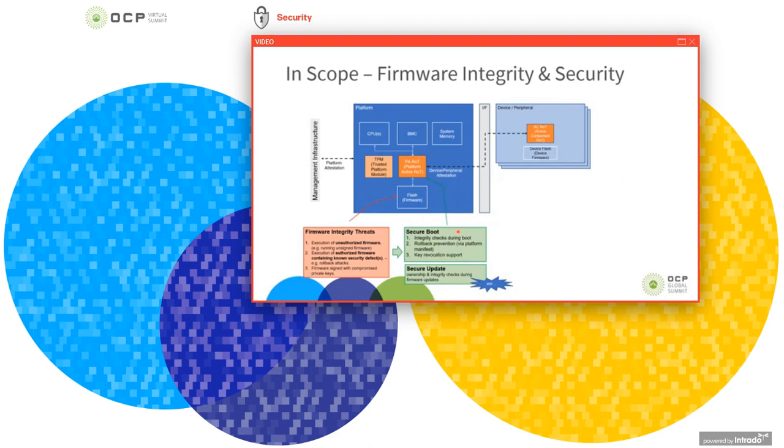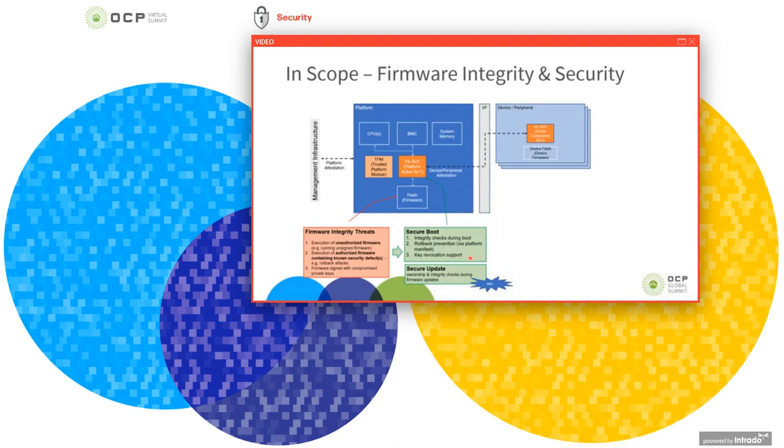The secure boot spec talks about what integrity checks need to be done during boot. It talks about rollback prevention, how to prevent someone from installing firmware on a system that is of an older version than the baseline that you have set. And obviously it has support for key revocation for the case of compromised keys.